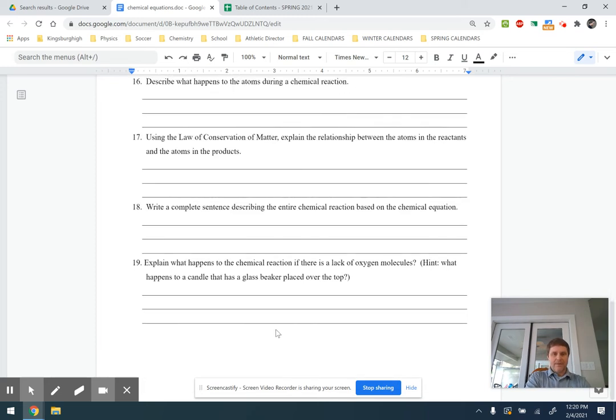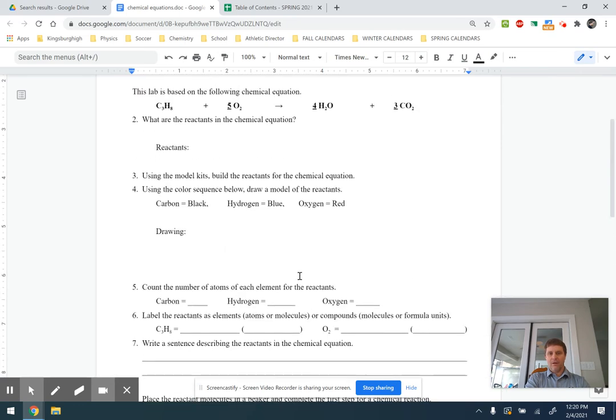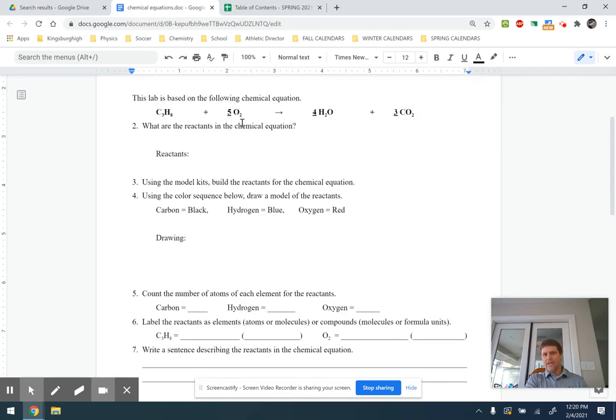This last step, number 19, says explain what happens to a chemical reaction if there's a lack of oxygen molecules. And so obviously, if there is a lack of oxygen molecules, this reaction can't happen. You need both the C3H8 and the O2s for the reaction to happen.